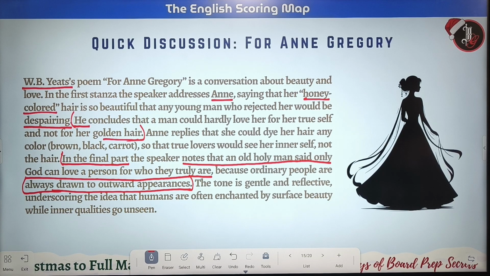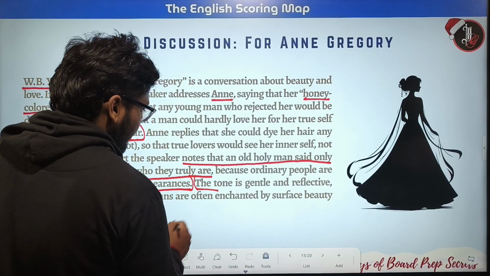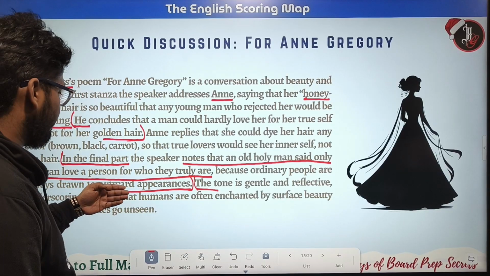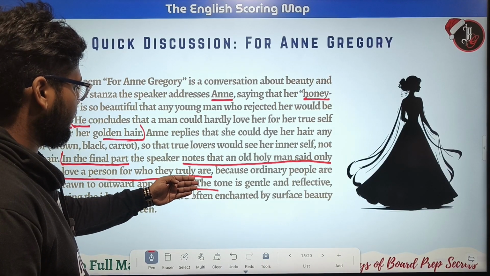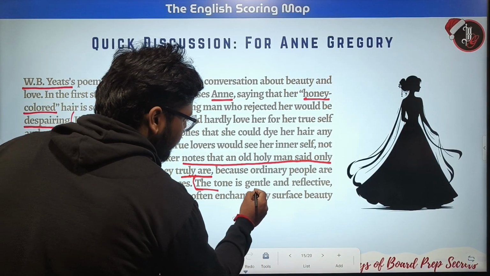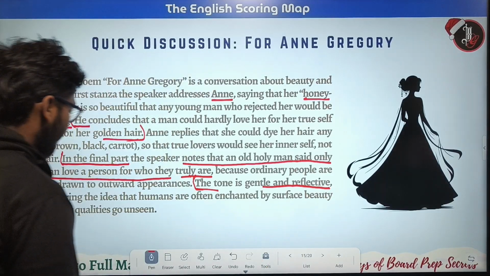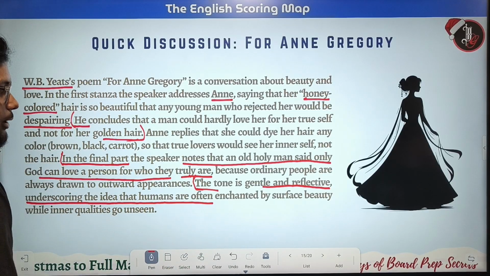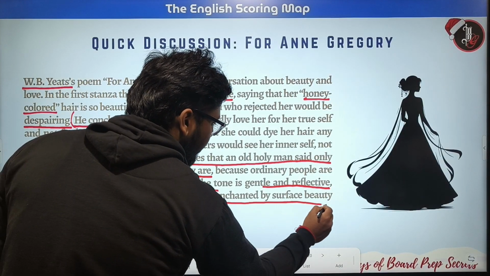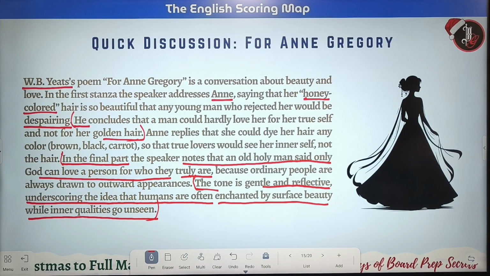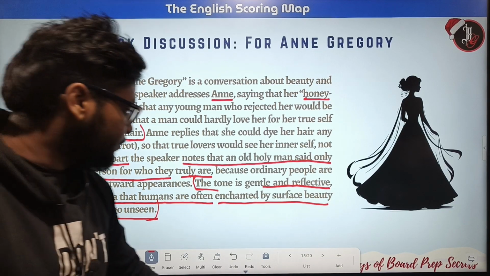Okay, so this will be our concluding line, which we can use apparently in our examination. Take a quick screenshot. Let's move on.